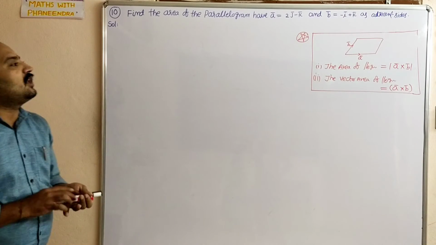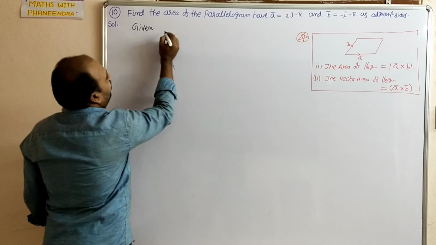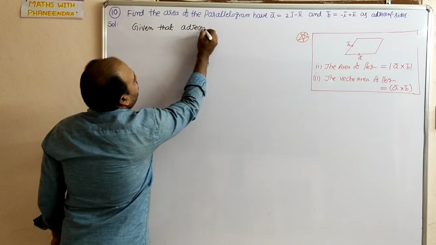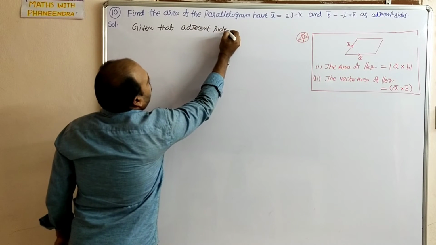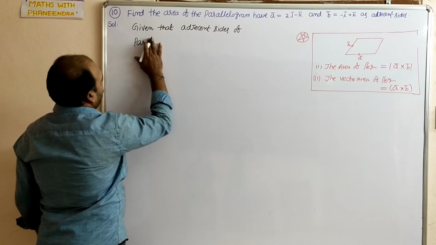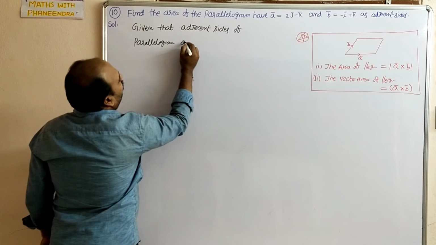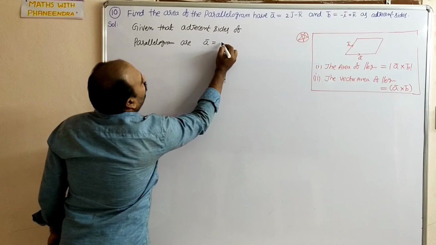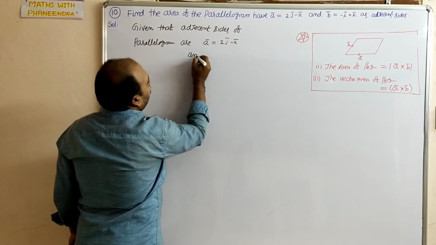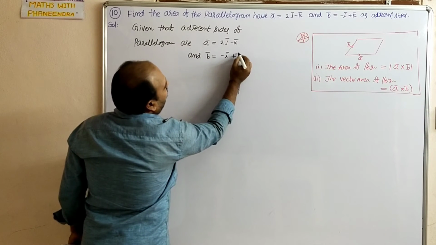So first, given that adjacent sides of parallelogram are A bar equal to 2j minus k and B bar equal to minus i plus k.